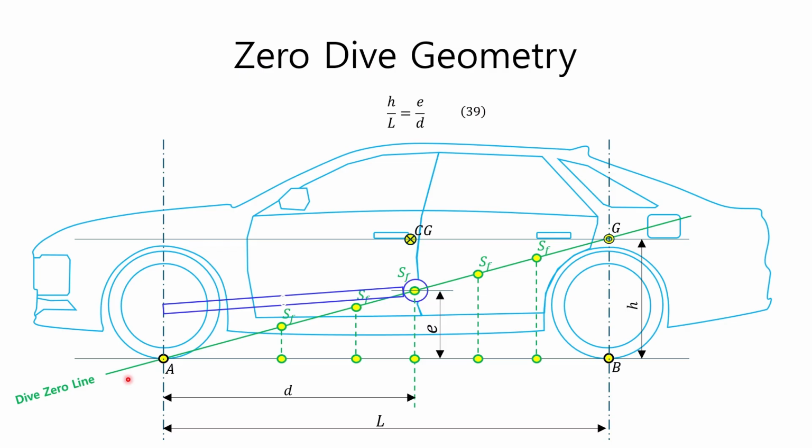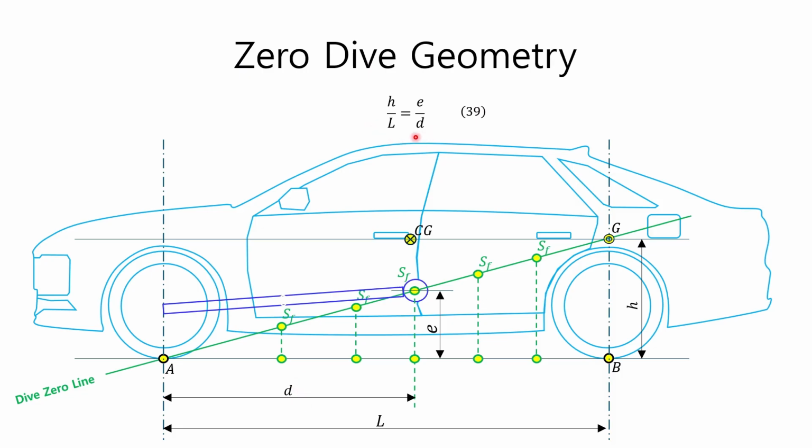The green inclined line is the straight line connecting the front tire contact point A and point G. If a virtual reaction point SF exists on the inclined line between points A and G, then according to the property of triangle similarity, the ratio of H to L always has the same value as the ratio of E to D, thus satisfying equation 39.